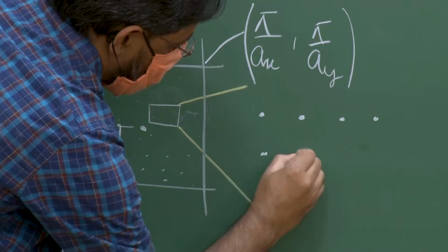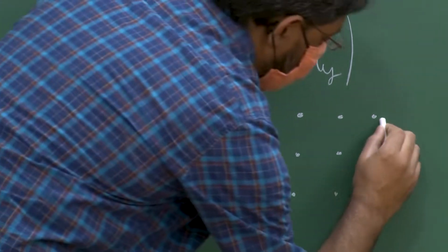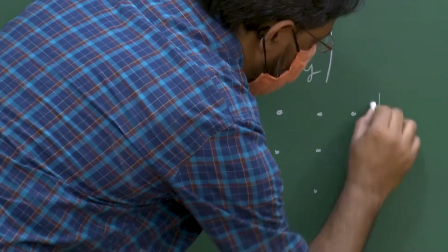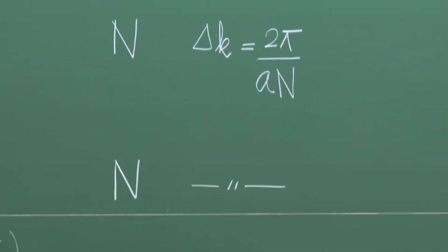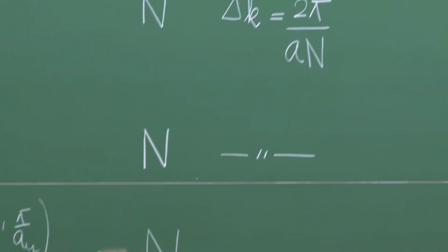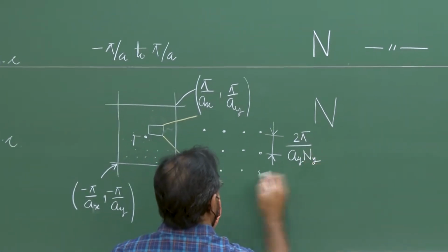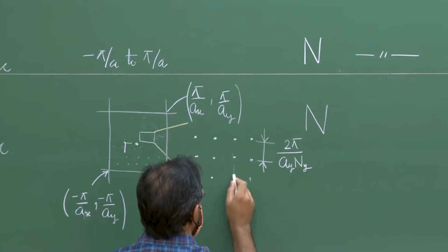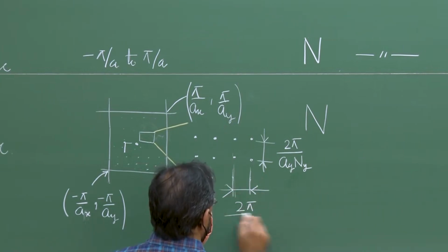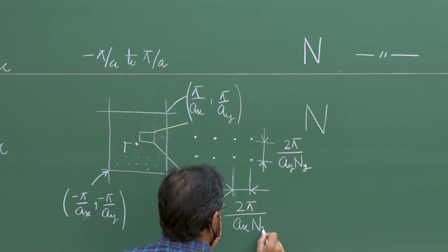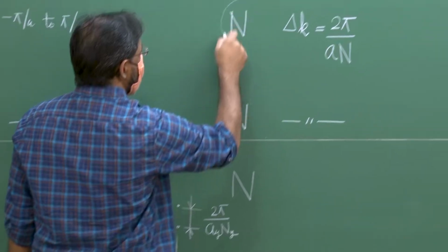And what is the spacing between them? The spacing is as before: along the y axis it will be 2 pi by ay ny, and along the x axis the spacing between any two k points would be 2 pi by ax nx. Remember, this is the important point, where students get confused.